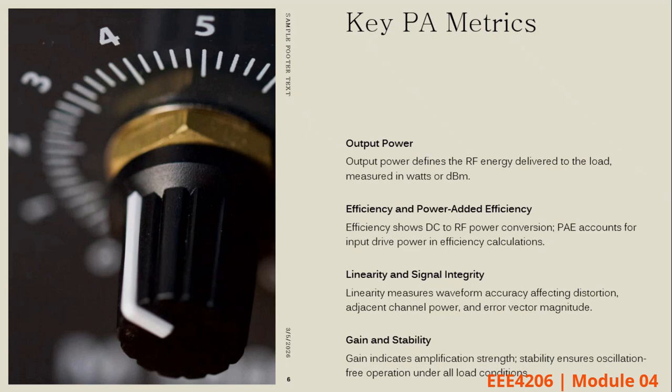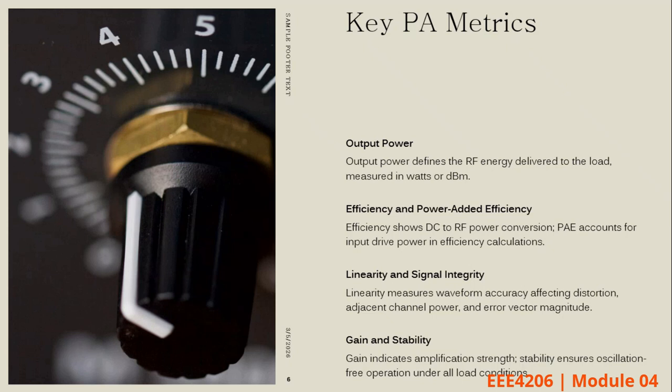So efficiency tells us how effectively the amplifier converts your DC power at the source into RF power for transmission. Any power that does not become RF signal becomes heat. And definitely you know what heat means, and you always want to avoid the heating.